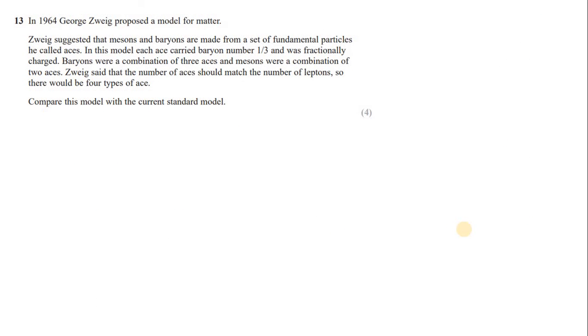Question number 13. In 1964, George Zweig proposed a model for matter, and Zweig suggested that mesons and baryons are made from a set of fundamental particles, what he called aces. In this model, each ace carried baryon number of 1/3 and was fractionally charged.